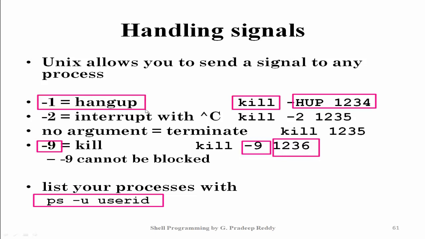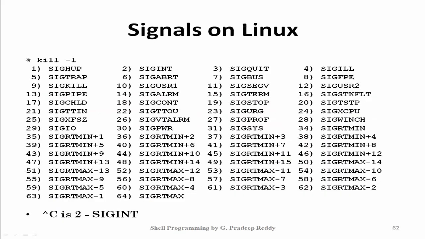Otherwise, if you want to hang up that process, you can use 1. If you want to interrupt the process, it is similar to Control C. If you press Control C, you are going to interrupt the process. Here you have different signals in Linux: SIGHUP, SIGINT, SIGQUIT, SIGKILL, SIGTRAP, SIGPIPE, SIGCHLD, and so on.